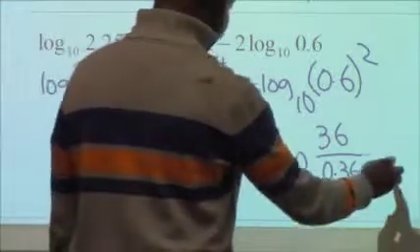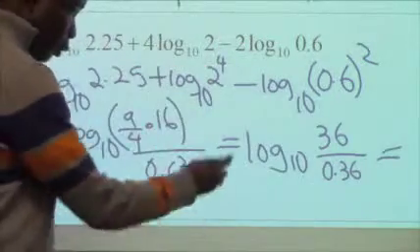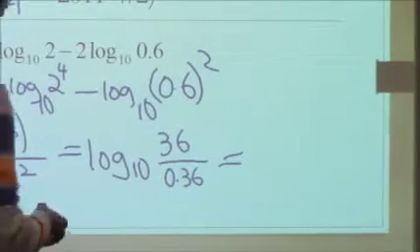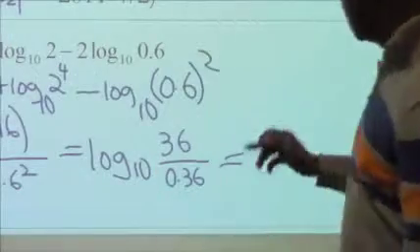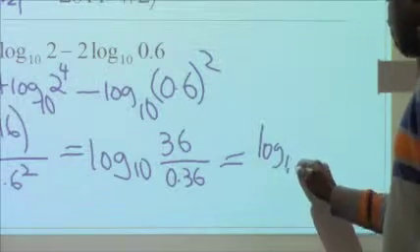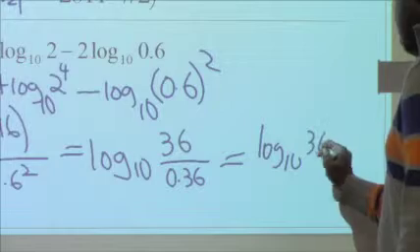If we divide this, it's like moving the decimal point, say, 2 places. So if I move it 2 places here, I'm going to have log base 10 of 3600.